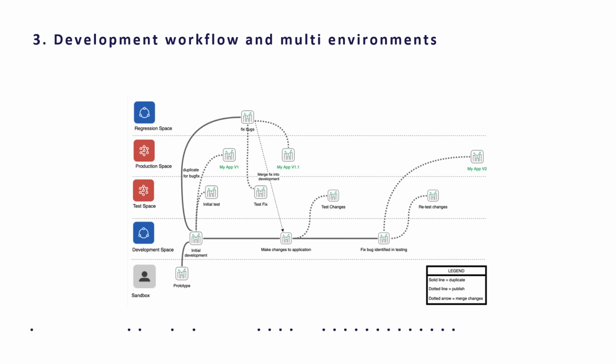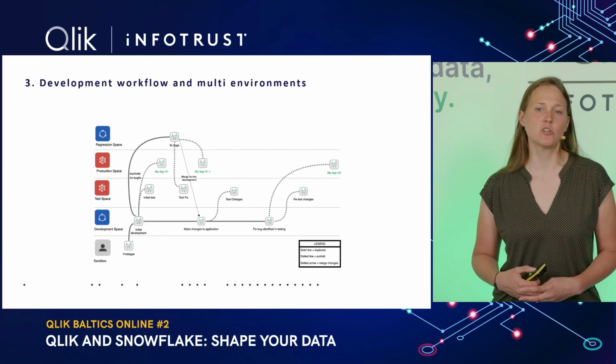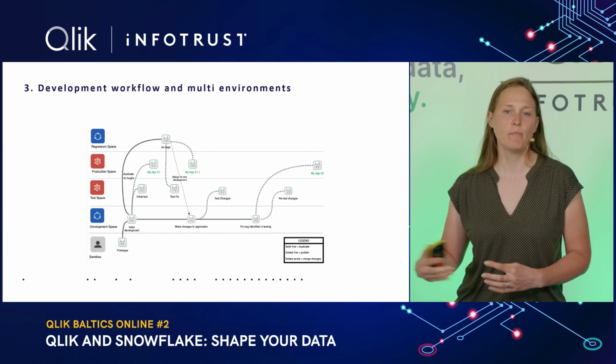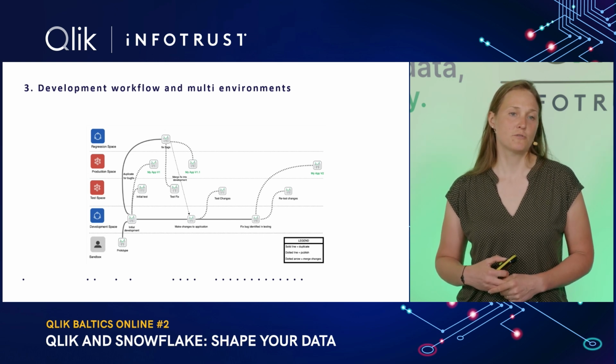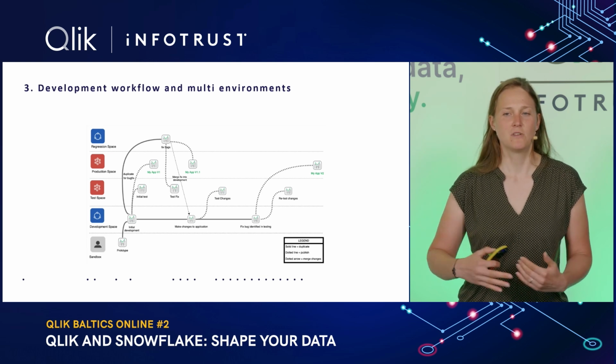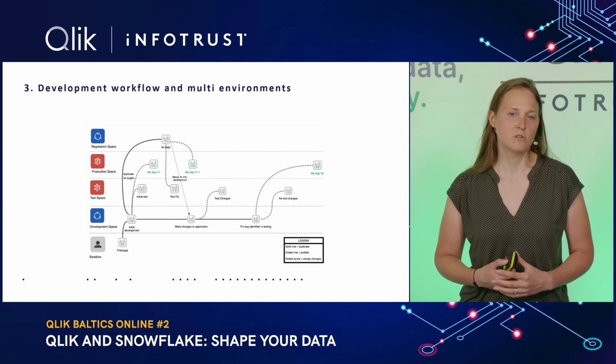Later it is duplicated and moved into the development space, so the whole developer team can collaborate on the application. The team makes some changes, and once the development is completed and ready to be tested, the application is published to the test managed space, the red one. Here testers review the application, and if all looks good, it can be published to another managed space, which is production. So this is the first cycle, how an application goes from creation to user consumption.